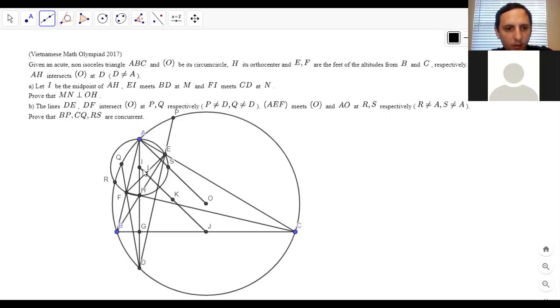No, AH times AG. The center is A, and the power is AH multiplied by AG. So it swaps H and G, F and B, and E and C.